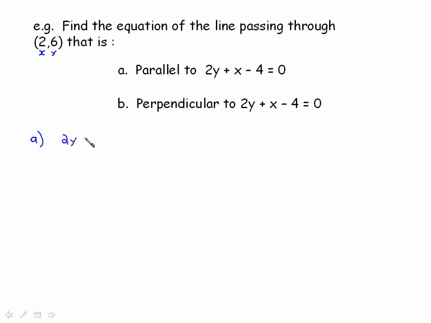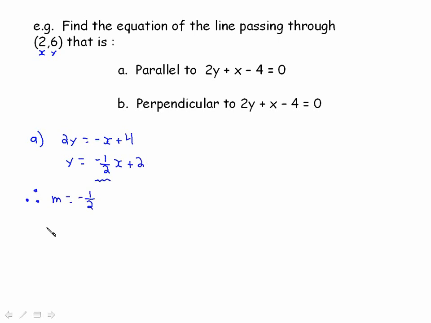So 2y is equal to, bring the x over to the other side, and it's negative x and then plus 4. Divide by 2, and you'll get negative 1 over 2 x plus 2. Now, because we're parallel to that line, we know that the slope is going to be equal. So therefore, m is equal to negative 1/2.